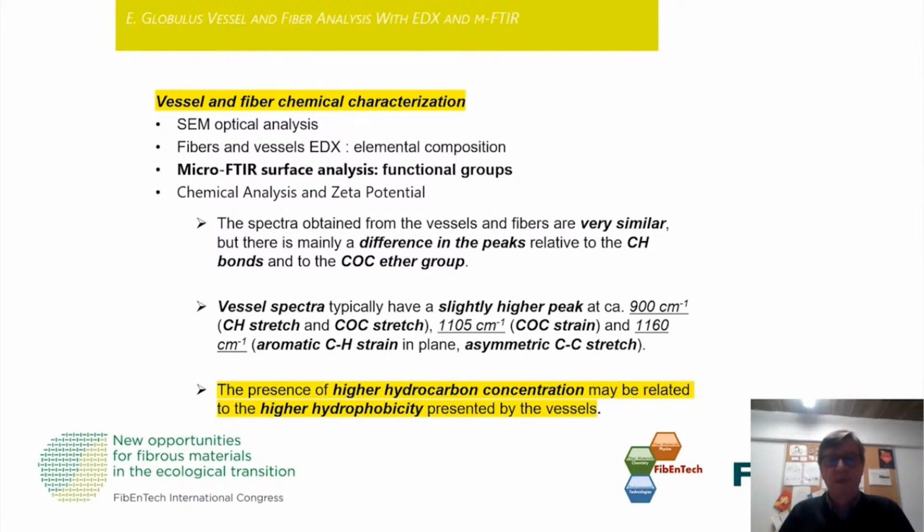The vessel spectra typically have a slightly higher peak at around 900 per centimeter, CH stretch and C-O-C stretch, 1105 per centimeter, C-O-C strain, and 1160 per centimeter, aromatic CH strain in plane, asymmetric C-C stretch.